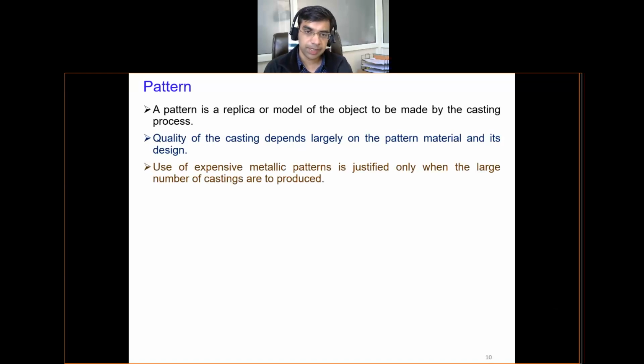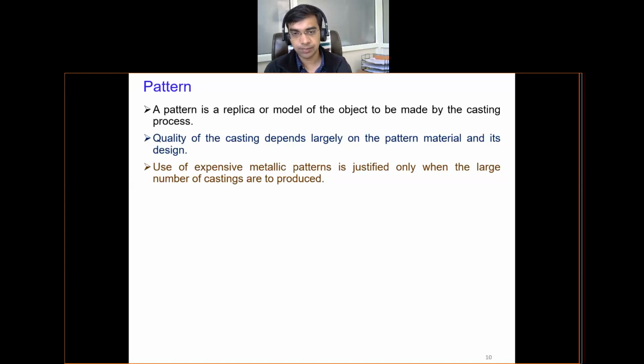These patterns can be made of different materials: plastic, wax, wood, or metal. A pattern is a replica of the object, and you have to shape it using some other process and finish it using, say, some machining process.